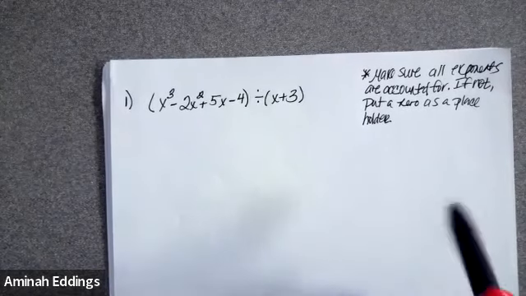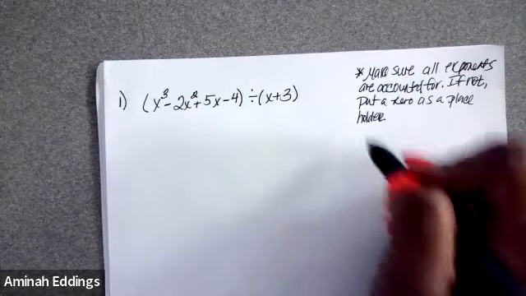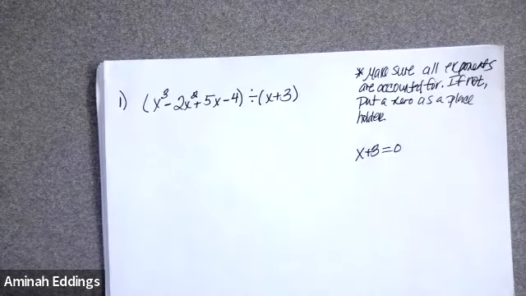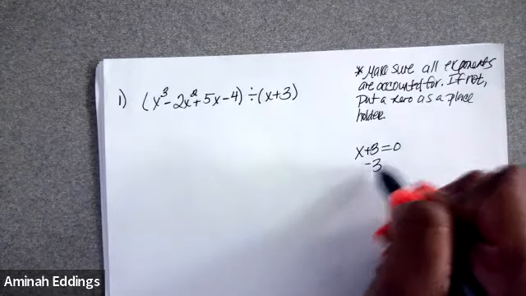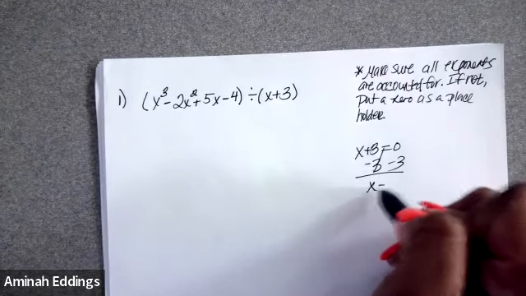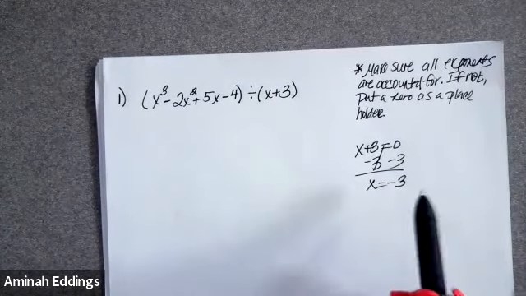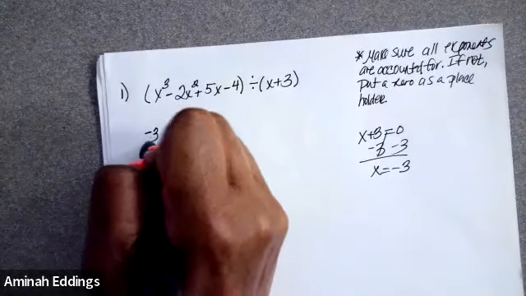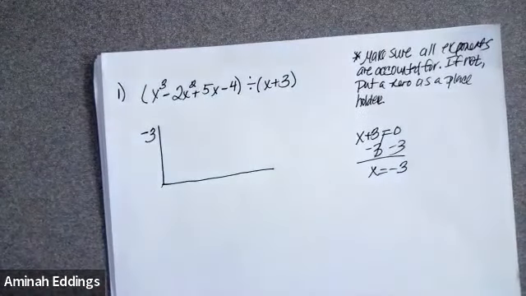All right, so what we're going to do then is take our divisor. We will always set it equal to 0 and solve for x. So in this case, x is equal to -3. So we take our -3, put it on the outside, and we create like a little half box, okay?